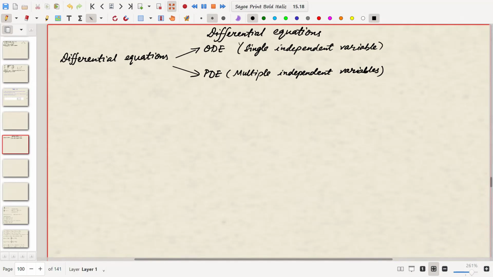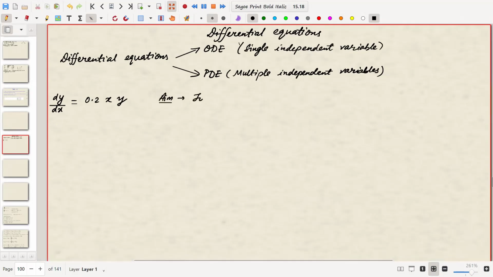Suppose y prime, or dy by dx, is given by 0.2x into y. This is the ODE you have. What is your aim? Our aim is to find y: how y looks, how y varies with respect to x.